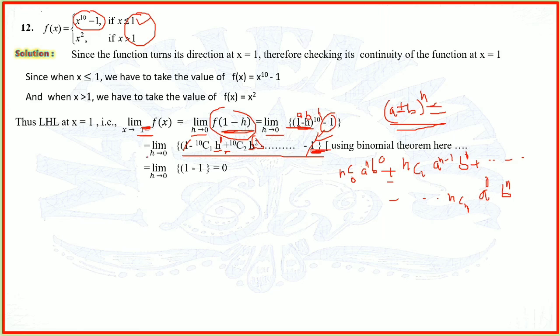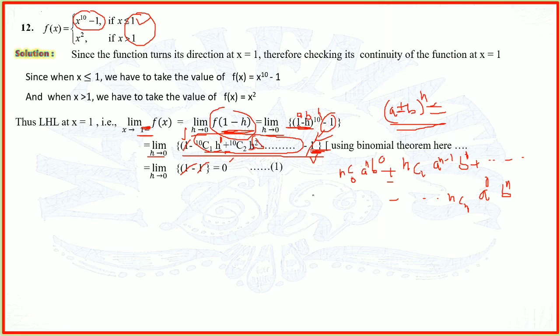So when we take limit h tends to 0, all these terms become 0, and then we have this plus 1 and this minus 1 at the end. So minus 1 and plus 1 cancel, and we will have 0. That is the left hand limit.